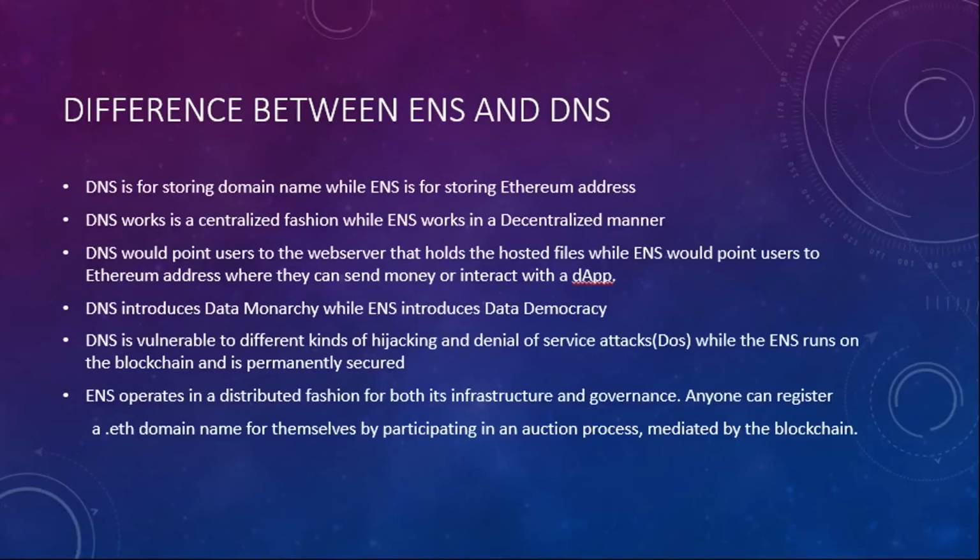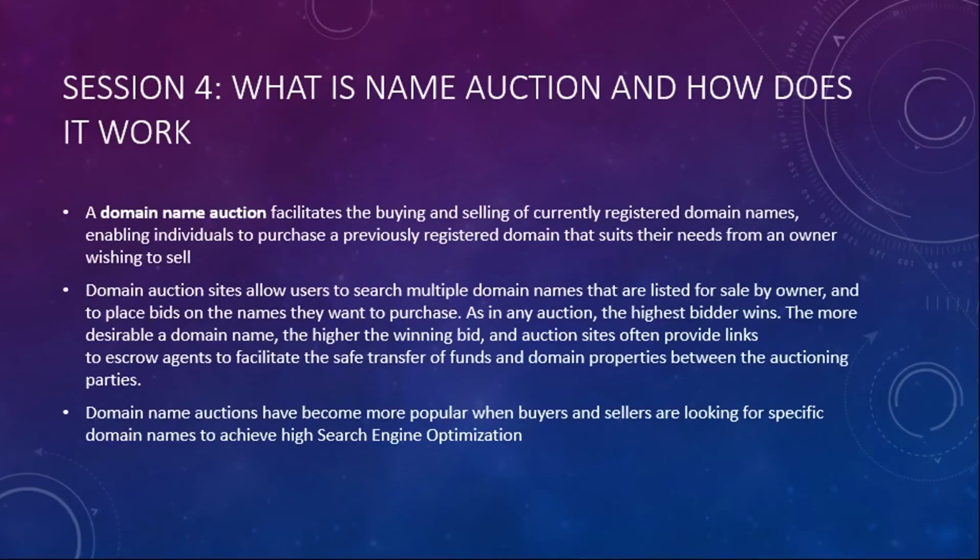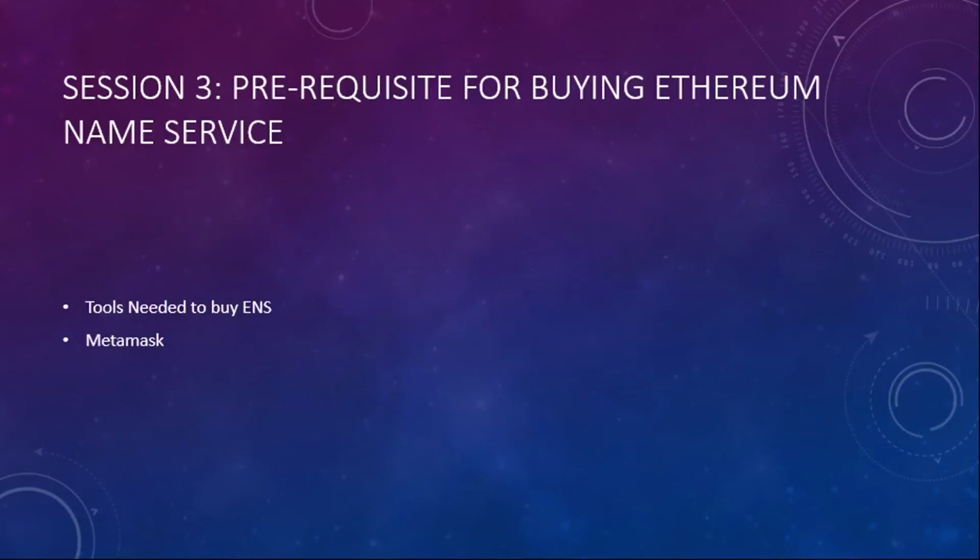And then I talked about the tools that are needed to create an Ethereum name service. I talked about MetaMask in particular, and the different websites that you can use to buy your name and then manage it.